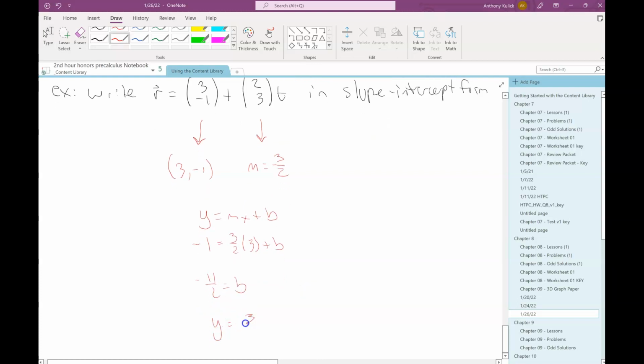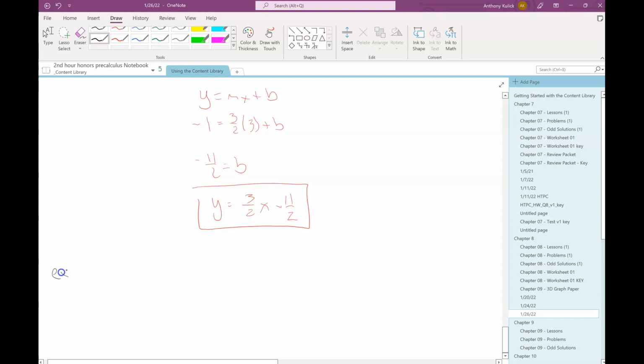So y equals 3/2 x minus 11/2. No big deal. Feel okay?